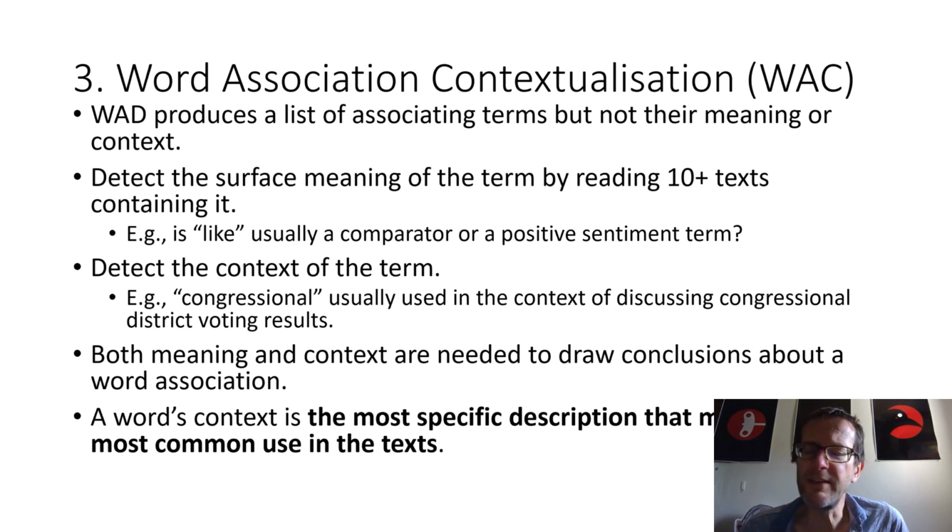Word context is quite a hard one to do in practice, I think, but it's the most specific description that matches its most common use in the text that you read. It doesn't have to match all uses, but it's the most common use.